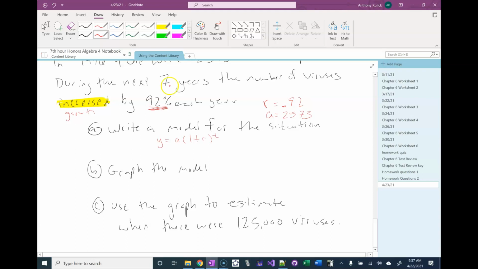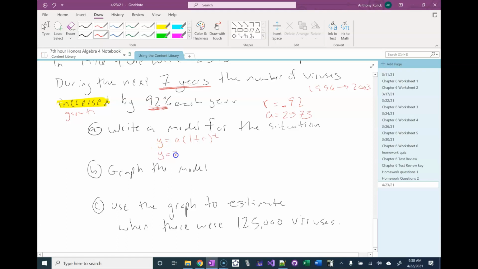The 7 does not go into my model. All that tells me is that this is good from 1996 through 2003. That's all that 7 years is telling me, that my model isn't good forever. It's really only good for that 7-year period.